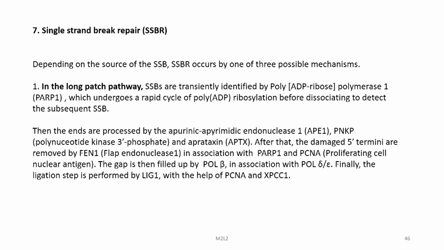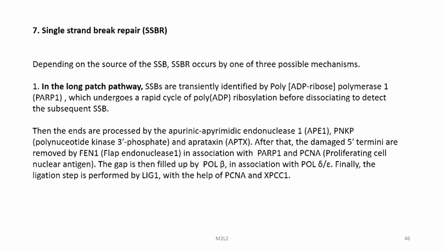The first one is the long patch pathway. SSBs are transiently identified by poly ADP ribose polymerase 1 or PARP1, which undergoes a rapid cycle of poly ADP ribosylation before dissociating to detect the subsequent SSB. Then the ends are processed by the apurinic apyrimidinic endonuclease 1 APE1, PNKP and APTX.